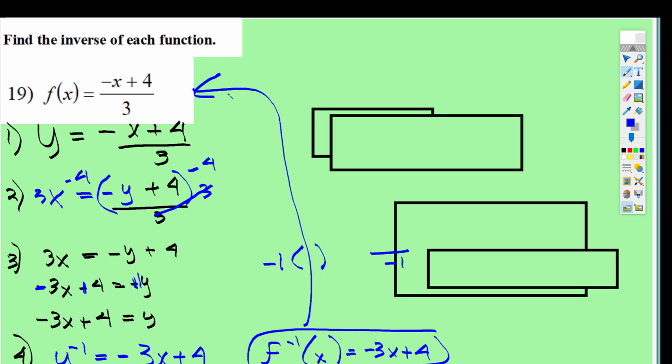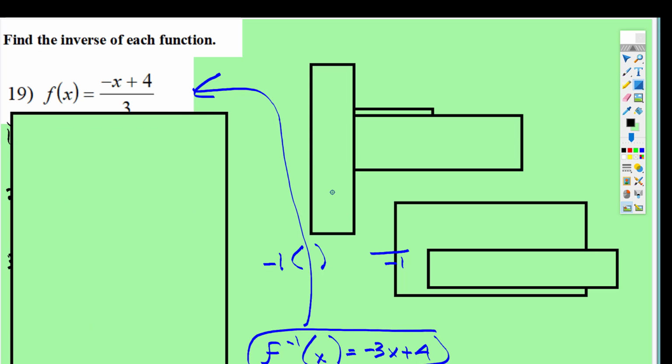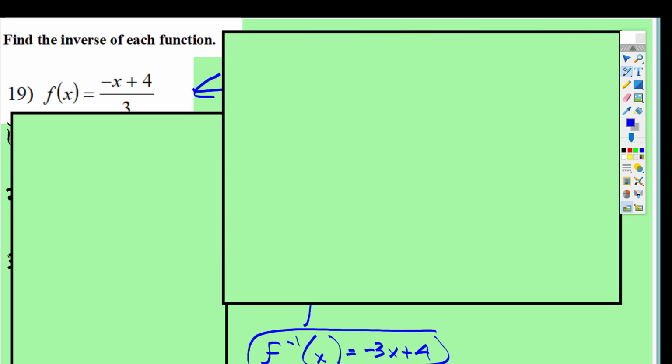And then notice, here, let me cover a bunch of stuff up. So you're just looking at this. Notice the original function is dividing by 3. If you were to separate those fractions, that would say -1x divided by 3. Well, look at what this says. -3x, -3 times x.